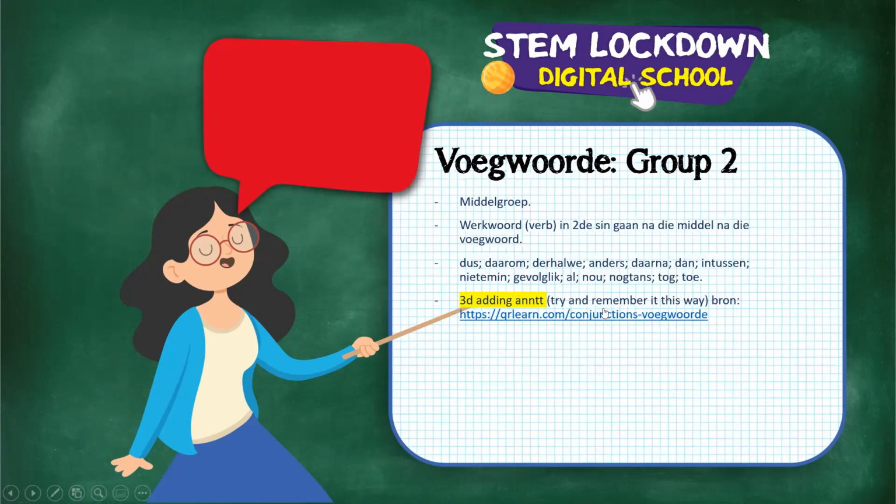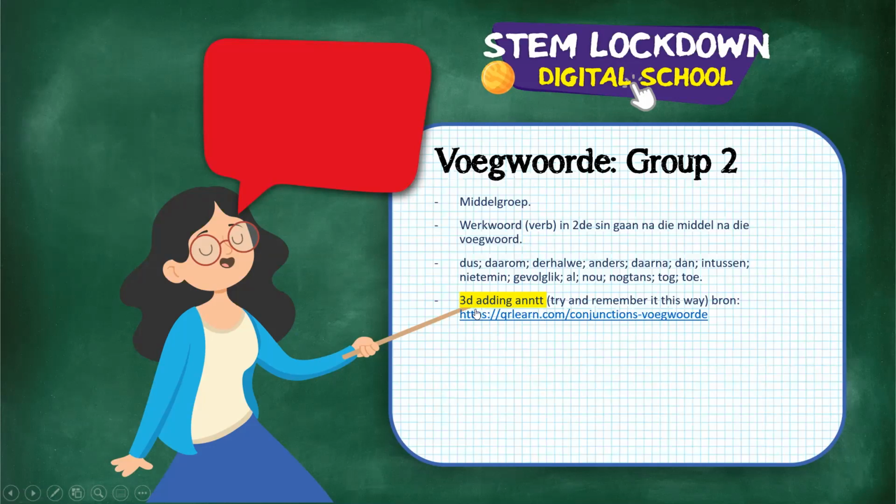And here you'll see 3 Ds adding A, N, T, T. So that is also a little rhyme for you to remember group 2. And then you can go to that website or resource there to go and study more about group 2.